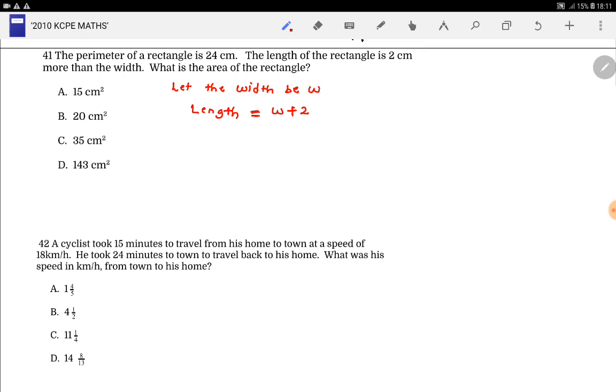Therefore, we can get the value of W, because we've been told the perimeter of the rectangle is 24 centimeters.